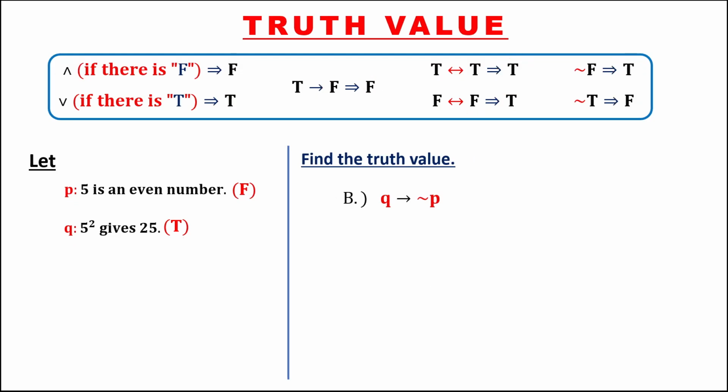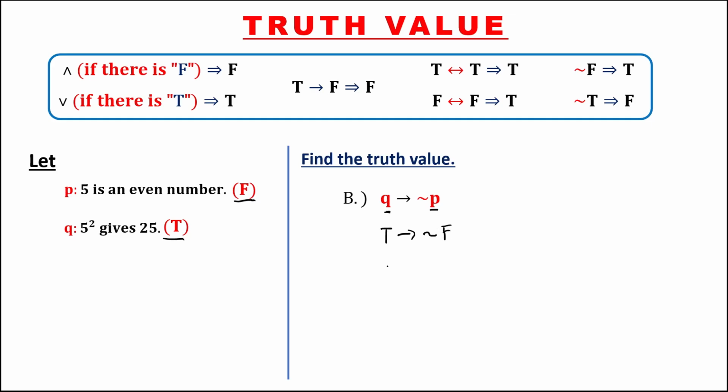Then for this given, again substitute the truth value for every variable. So for Q, the truth value is true, then implies the negation of P, where P is false.